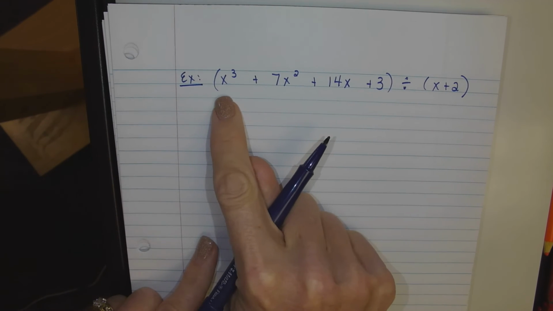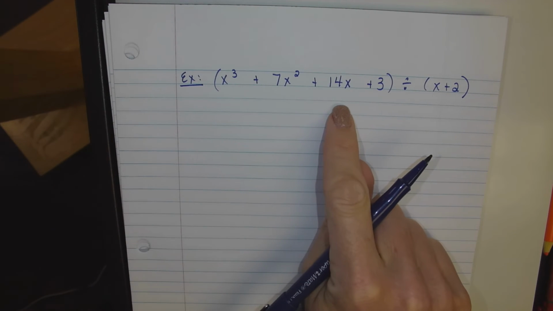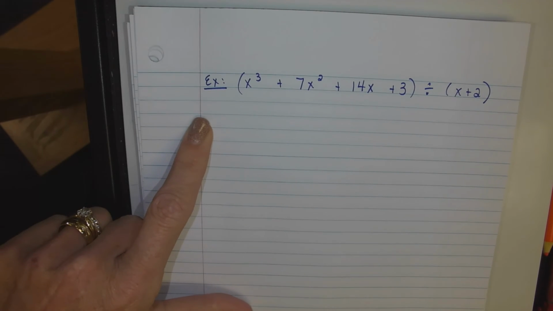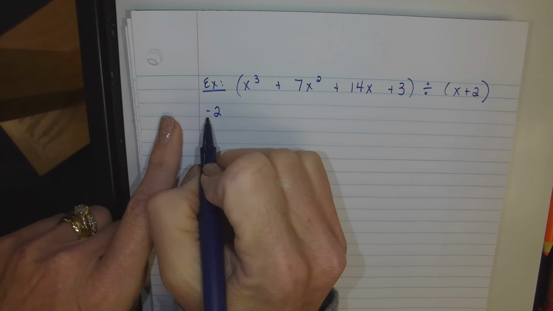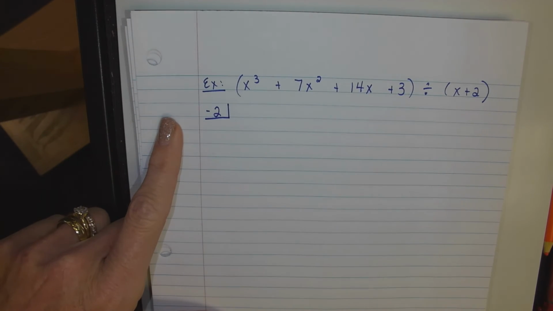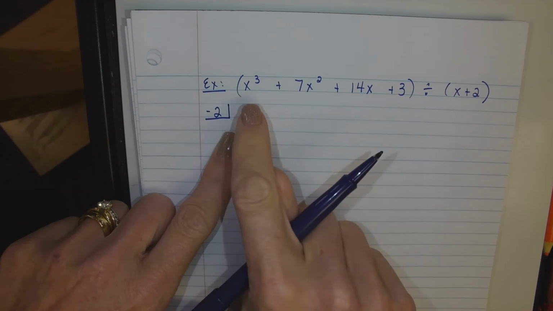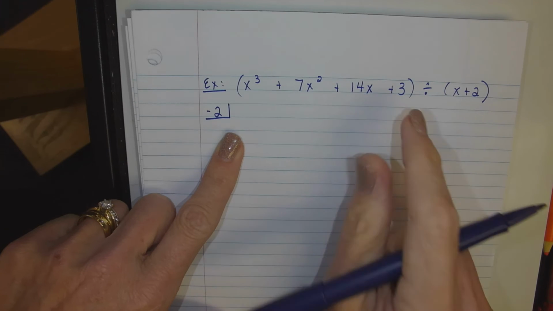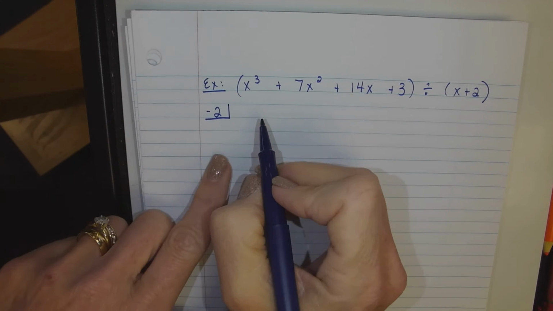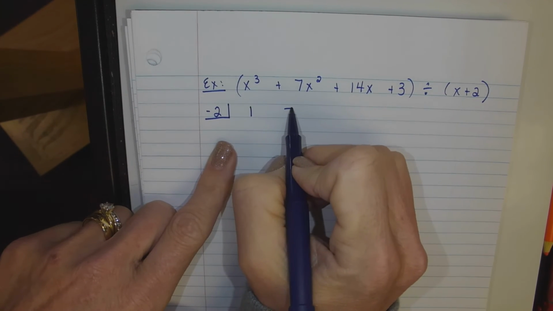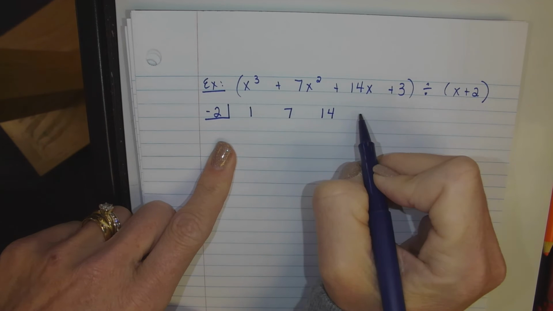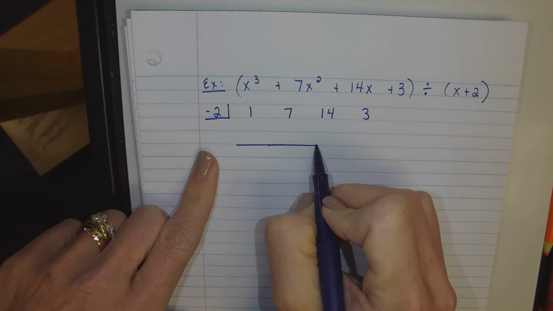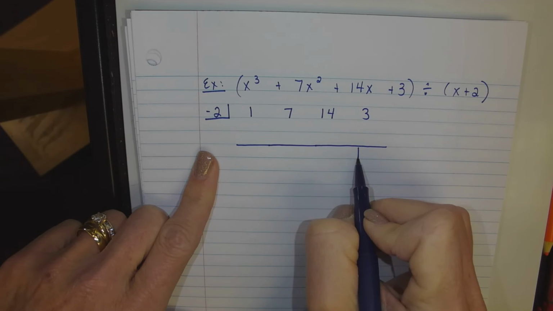What's the degree for this one? 3. Good. All right, so what goes in my little box up here? -2. Good. Let's do the terms. Do we have everything we're looking for? Yes, nothing's missing. So give me the coefficients. 1, 7, 14, and 3. Don't forget your remainder box, which is bottom right.